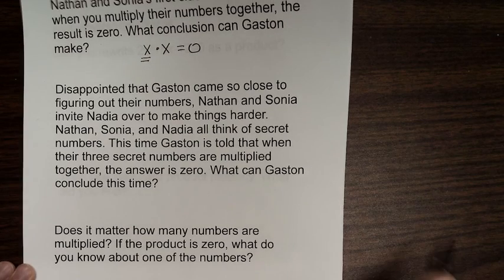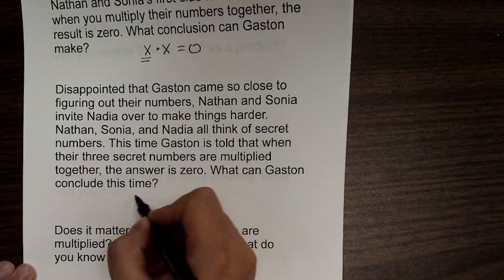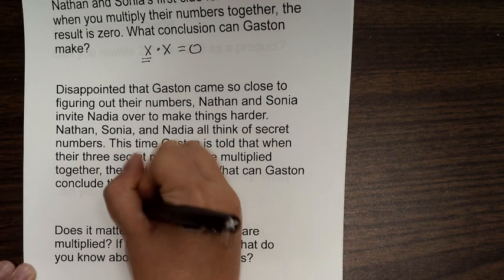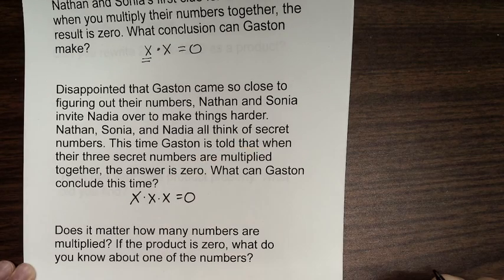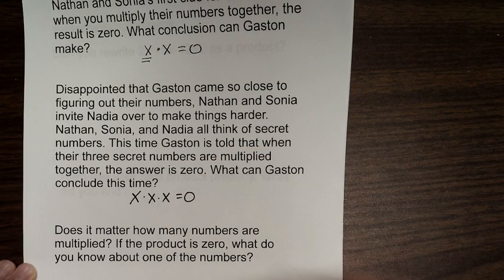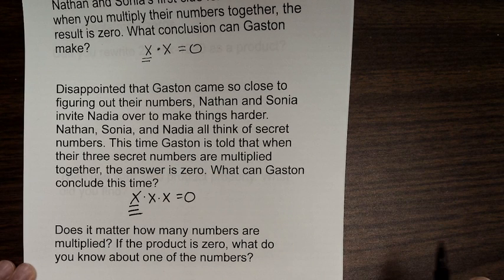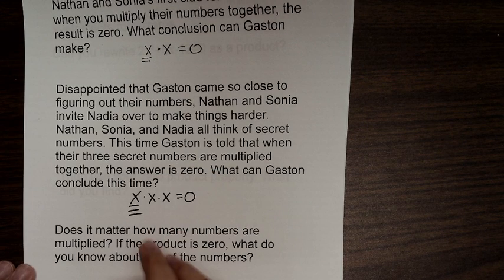If we take three numbers and multiply them together and say that the answer is 0, again, in order to get an answer of 0 with multiplication, one of those numbers has to be 0.